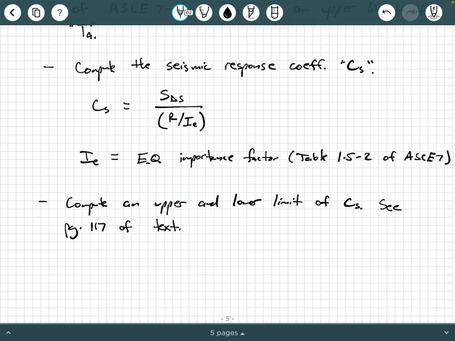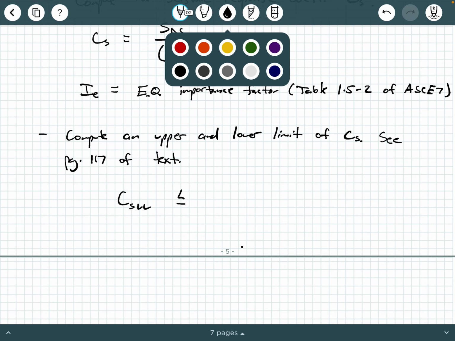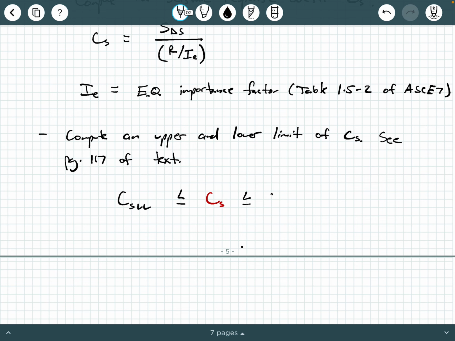You have an upper limit and a lower limit, but there's two ways to calculate the upper limit and two ways to calculate the lower limit, and you have to abide by these four statements that are dictated in the textbook and in ASCE 7. But in general, you have C sub S lower limit, and then your C sub S value that you calculate should be in between the lower limit and the upper limit.